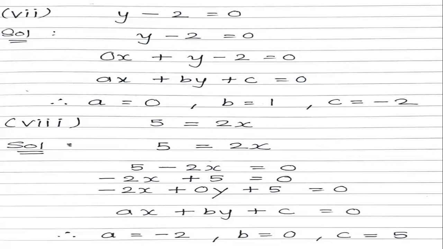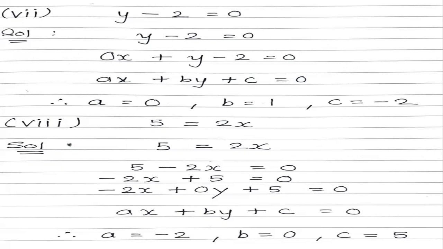I hope the first 7 questions that we have discussed clearly give you an understanding of how to refer the standard form of linear equation in two variables with the given equations. If that's the case, then let's quickly get to the last question, which is pi is equal to 2x.